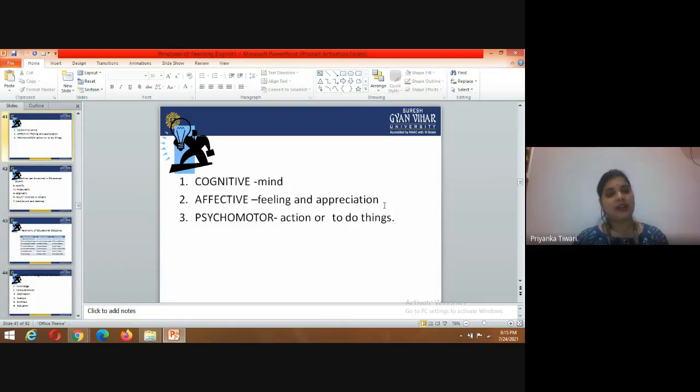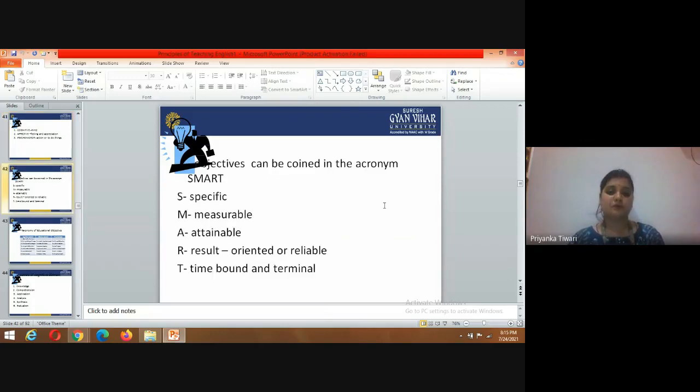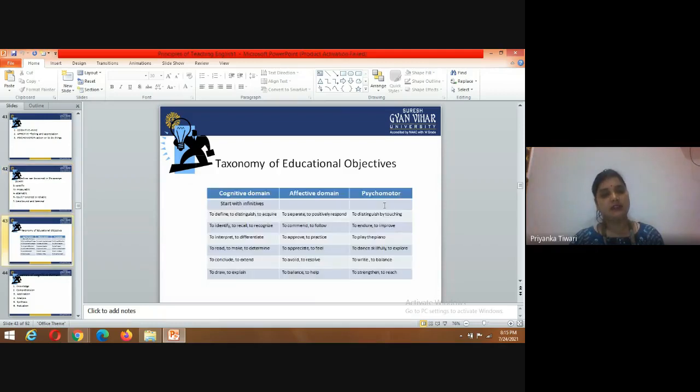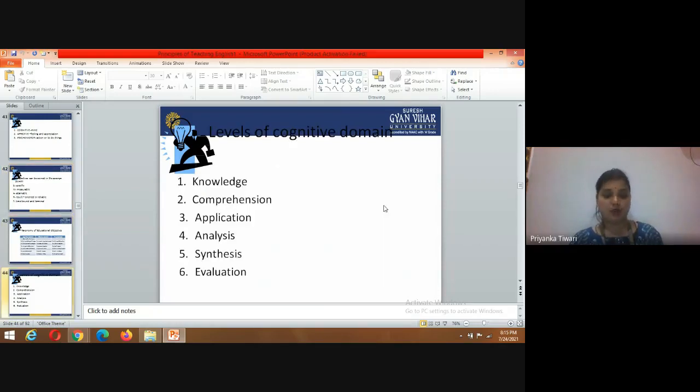So cognitive is mind, affective is feelings and appreciation, psychomotor is action or to do something, to do things. So SMART: specific, measurable, attainable, result-oriented or reliable, time-bound and terminal, and these are Bloom's taxonomy theory.